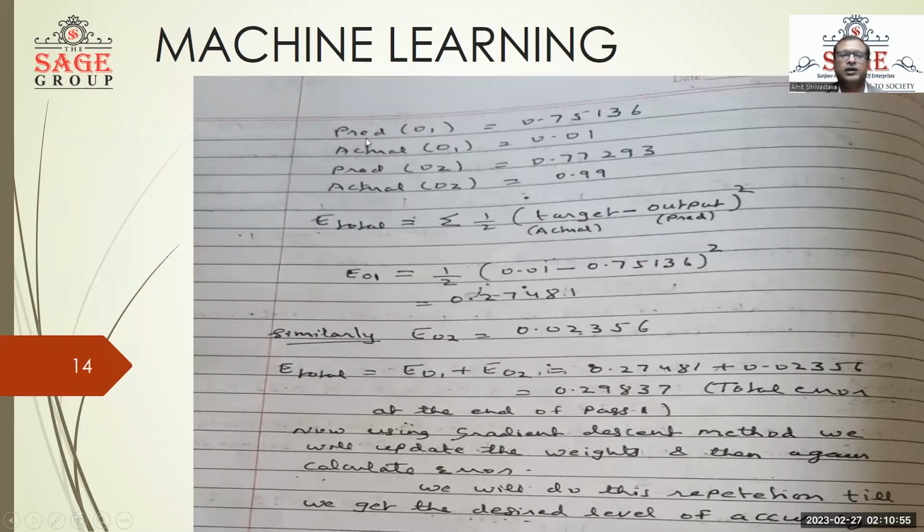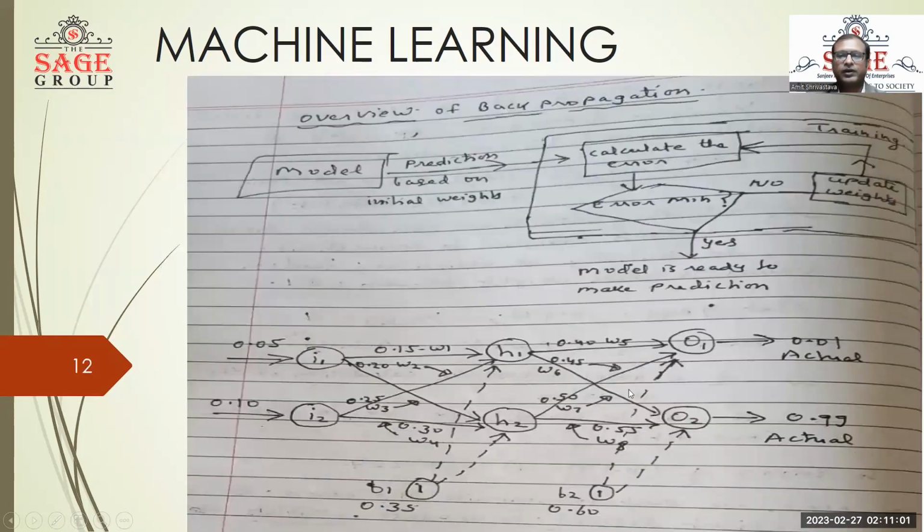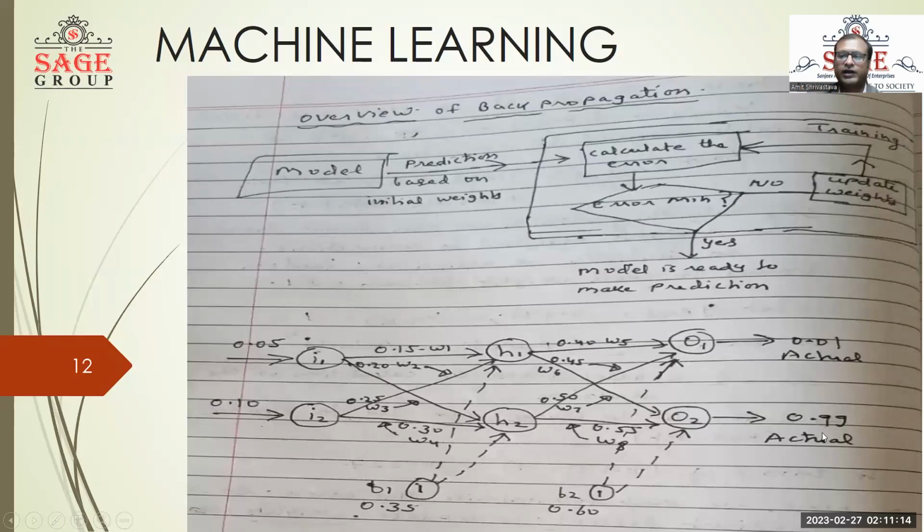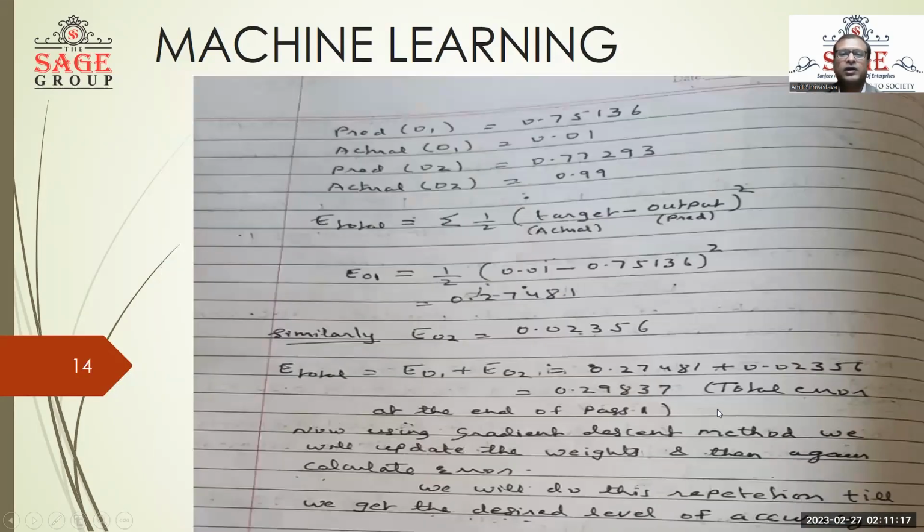Now, this is my predicted O1, that is 0.75136, and the actual O1 is already given in the diagram, that is 0.01. So the actual output is 0.01. The predicted output from O2 is what we have calculated, and the actual output is 0.99, which is already given in this diagram. Okay.